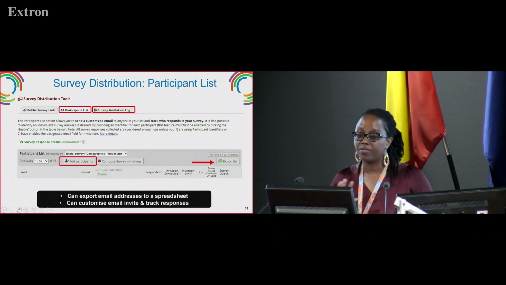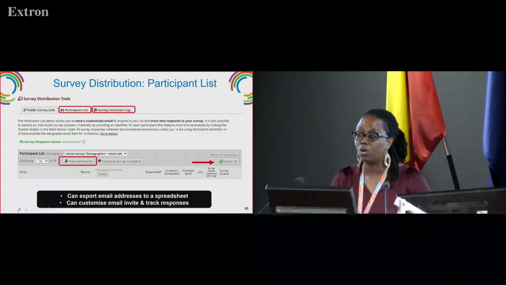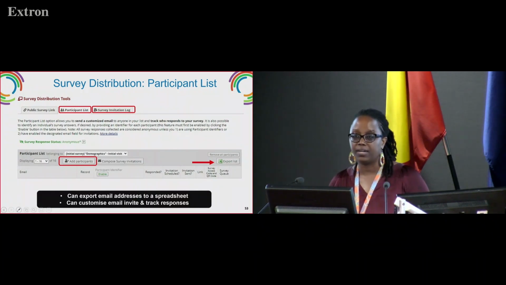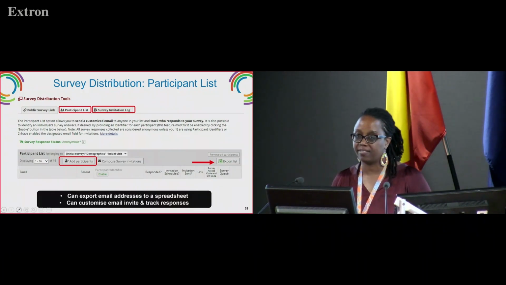But the responses of the respondents remain anonymous. All the log is telling you is that I sent out an email to XYZ, they have filled out and completed the survey, but XYZ has not completed. So REDCap will again send only to those who have not completed.